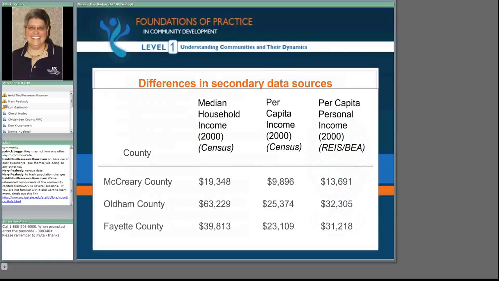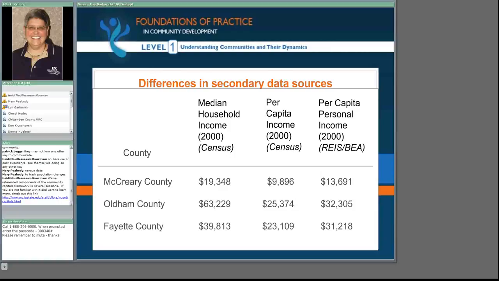Are we asking about income of households? Are we asking about incomes of families? Families live in households, but households may also be composed of non-family members. So if we look at median household income for the 2000 census for three counties in Kentucky, NERCRD counties in southeastern Kentucky, a community that is classified as a persistent poverty county.